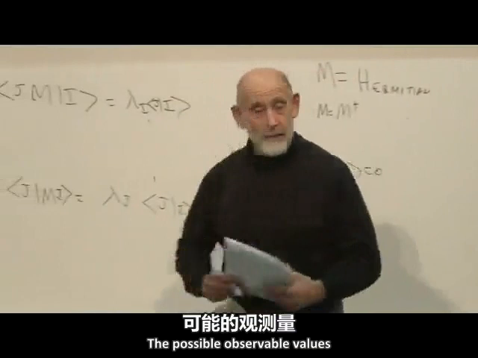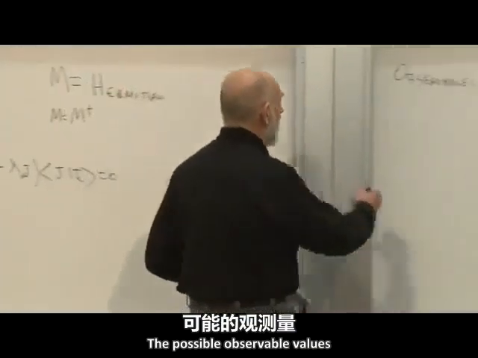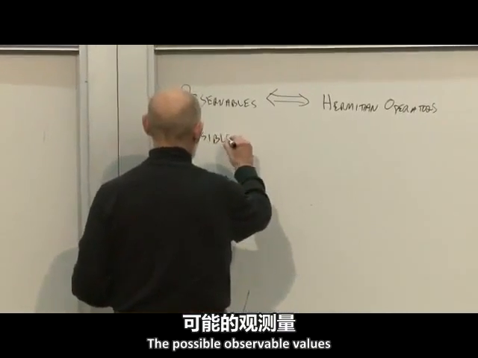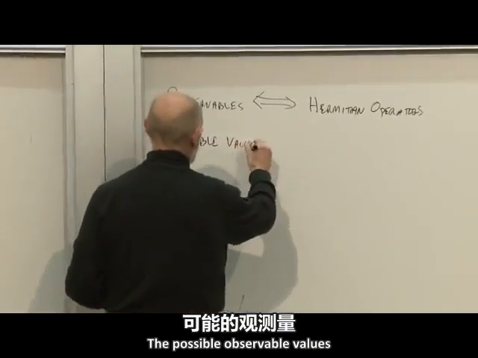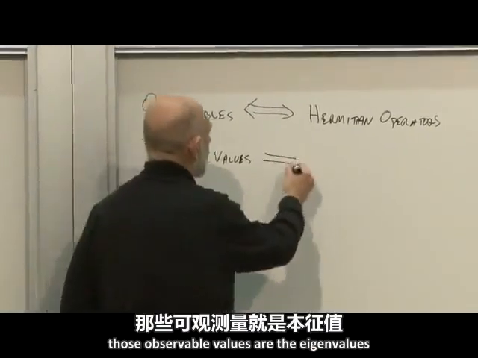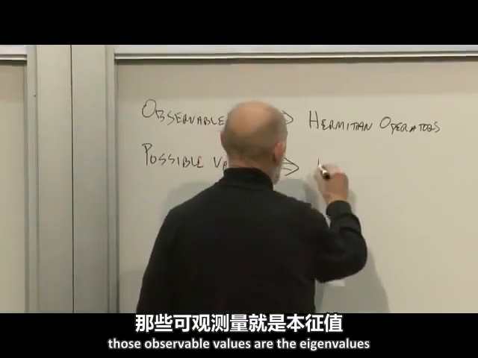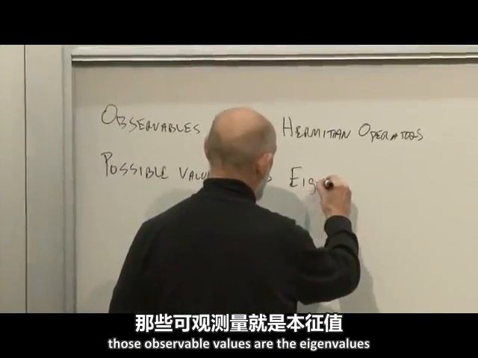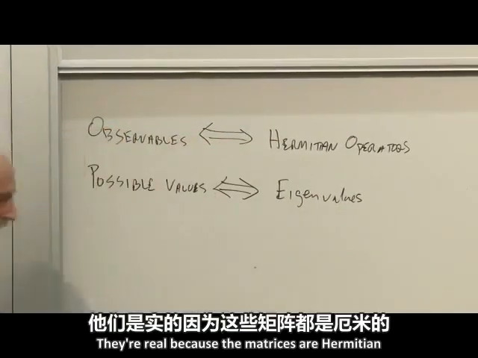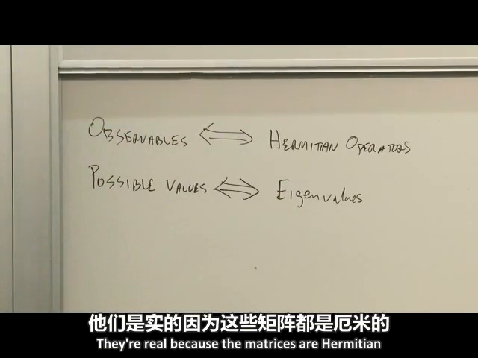The possible observable values measured in an experiment are the eigenvalues. They're real because the matrices are Hermitian.